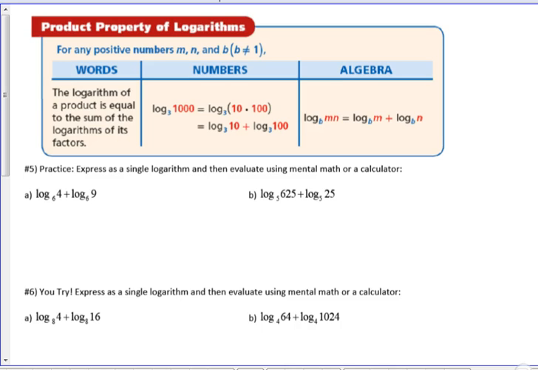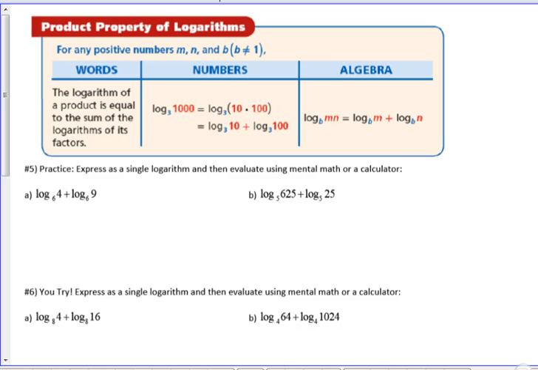So if I have log base 3 of 1,000, I can actually separate it. It's called expanding. 1,000 is the same thing as 10 times 100. So I can split this up into 2 logs by saying log base 3 of 10 plus log base 3 of 100. I'm able to split it up into 2 different logs by its factors.